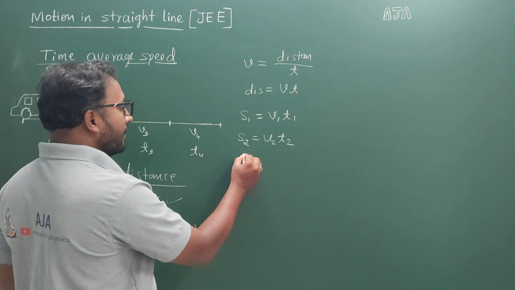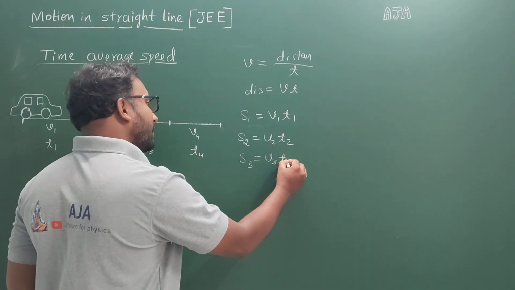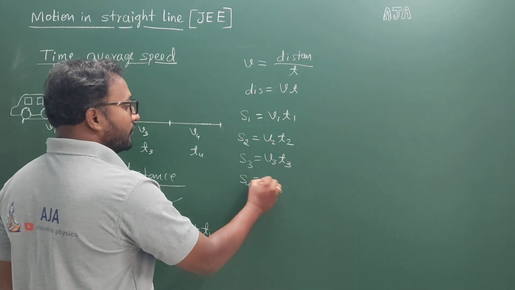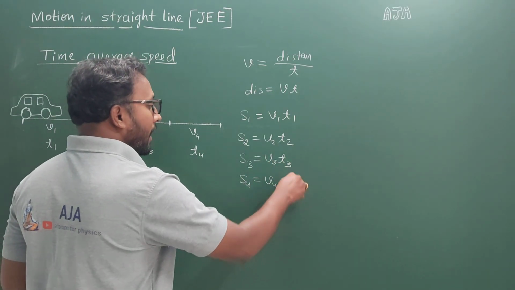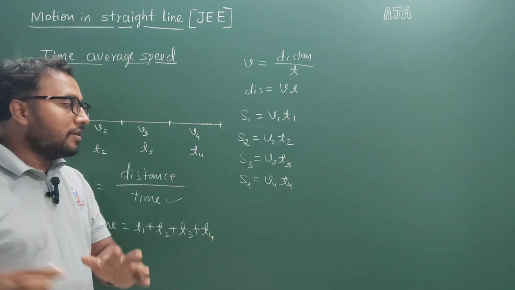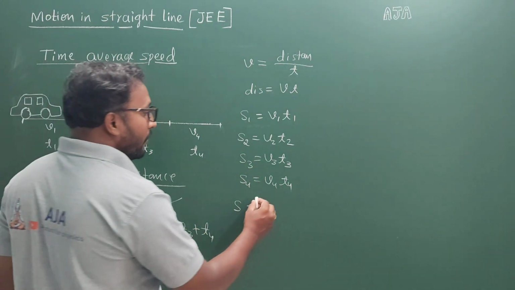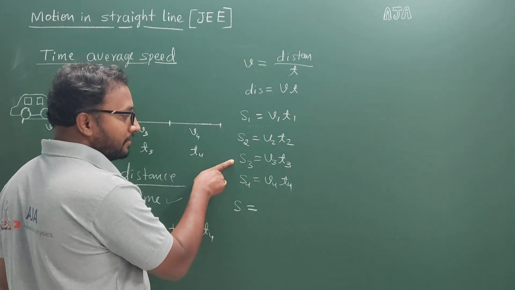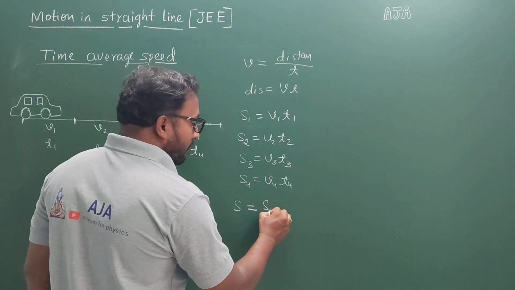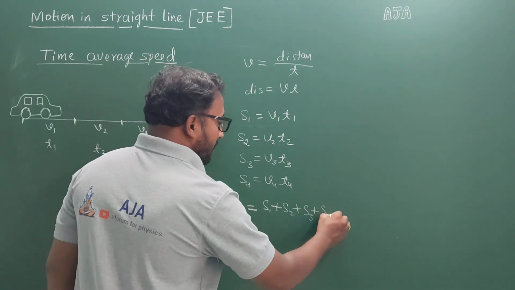Likewise, you can write s3 with a different speed in a different interval of time, and s4 is equal to v4 into t4. Adding all these distances gives us the total distance. So the total distance covered by the body is s1 plus s2 plus s3 plus s4.